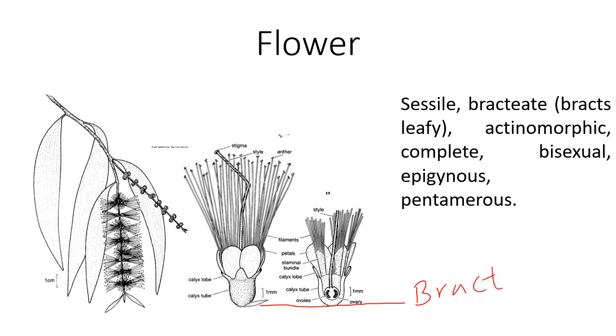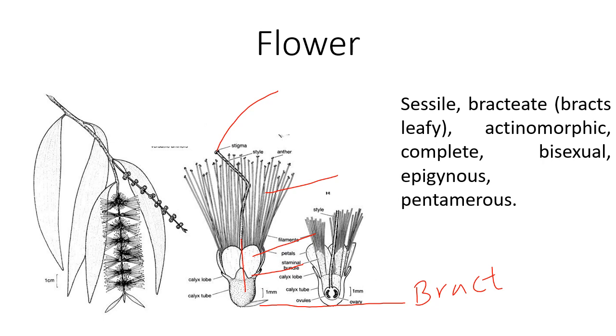Then it is actinomorphic. If you see this flower, there is symmetry from more than one plane, that's why it is actinomorphic. Then it is complete because calyx, corolla, androecium and gynoecium are all there. All four floral whorls are present, due to which it is called a complete flower.